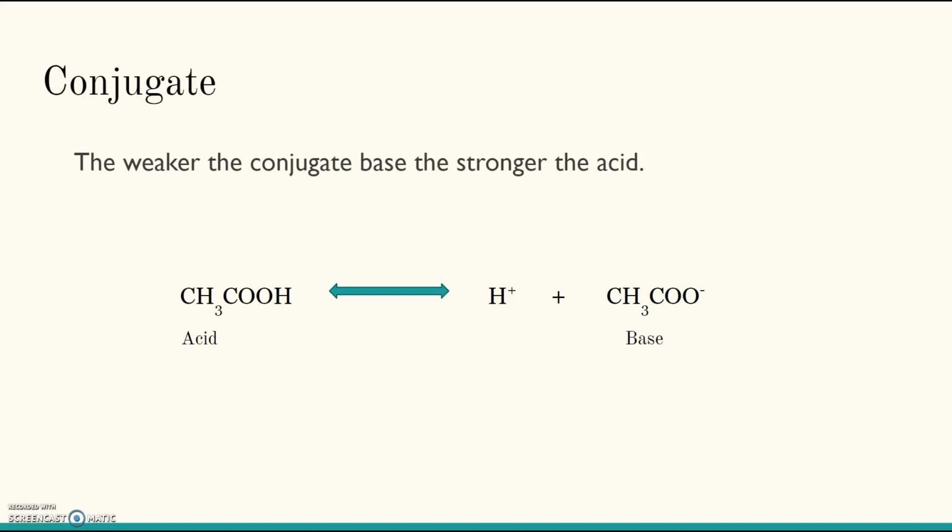It would end up being a strong acid then because of that. Now, in this particular case, acetate ion is fairly good at holding on to hydrogen. Since it is good at holding on to hydrogen, it means that this is going to be a weak acid.